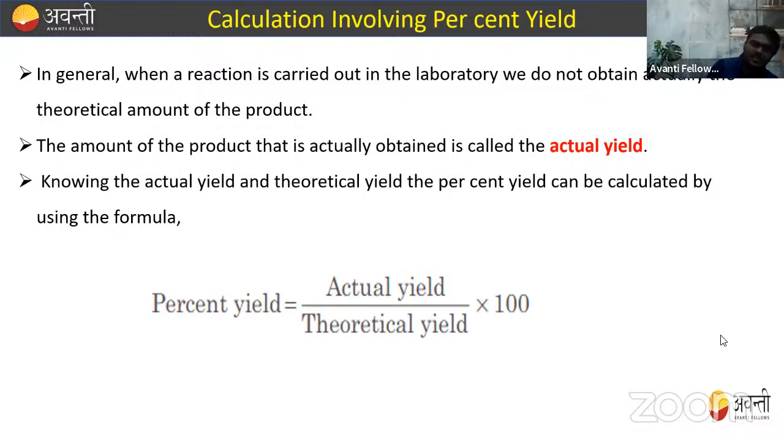So what formula are we using for calculating the percentage yield? We are using the formula actual yield upon theoretical yield multiplied by 100, right? So this formula we use for calculating the percentage yield.